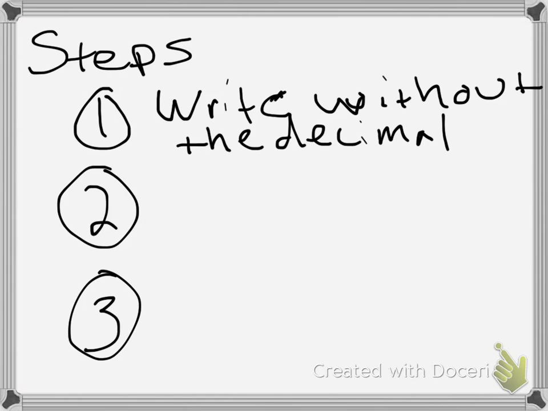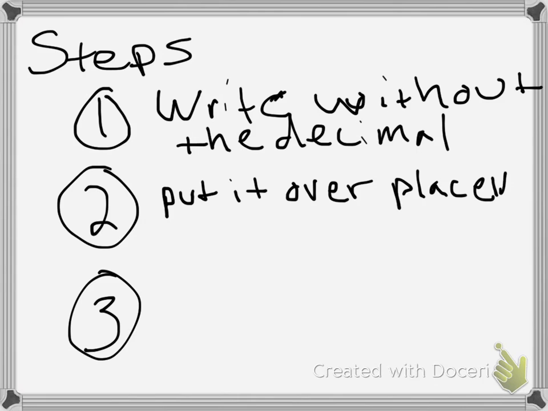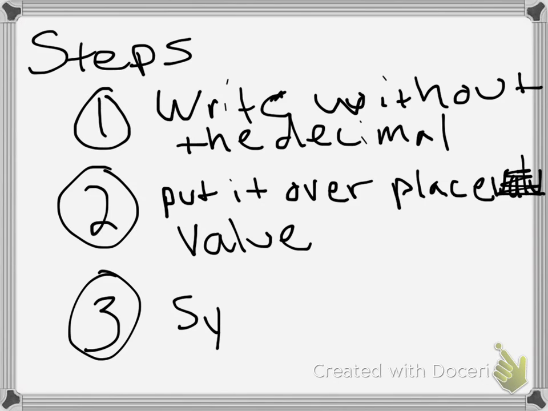Step number 2 is to put it over whatever place value you had for your decimal. Okay? Whatever place value you had for your decimal. And your last step is to simplify. Okay?